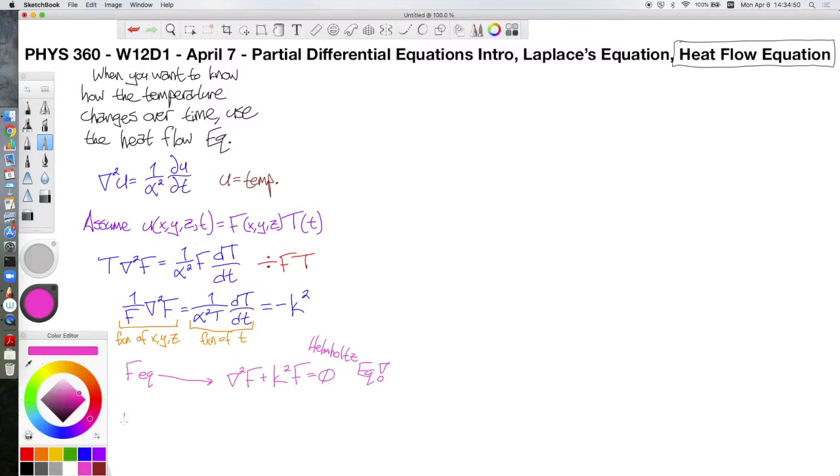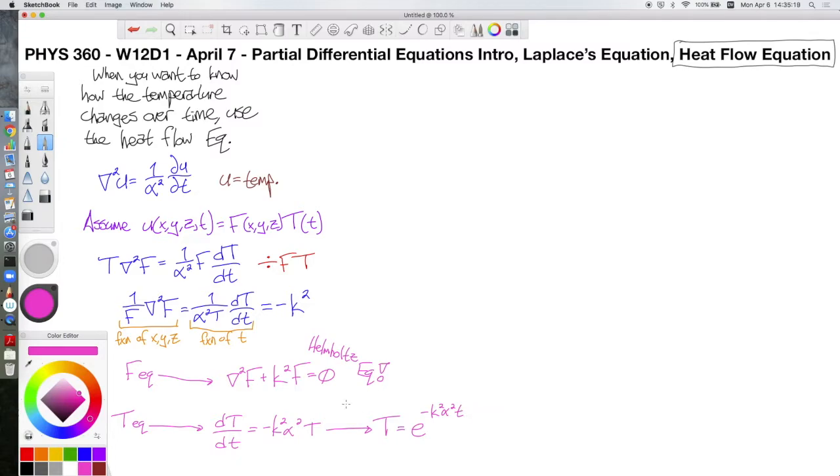And then we can rewrite the T equation as follows. The derivative of T with respect to time equals negative k squared alpha squared times T. And this we can actually solve. This is a pretty easy differential equation. So we can use T equals e to the negative k squared alpha squared times t.